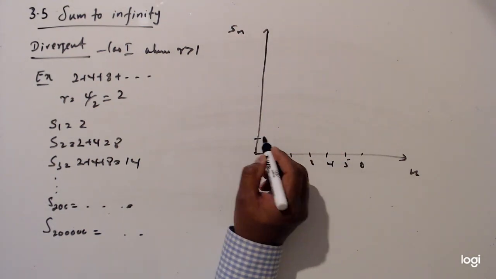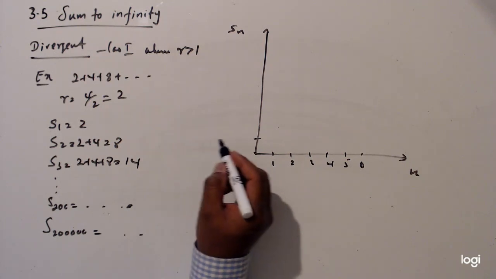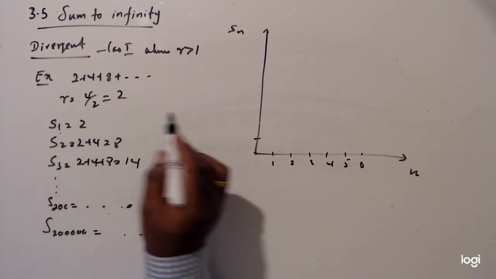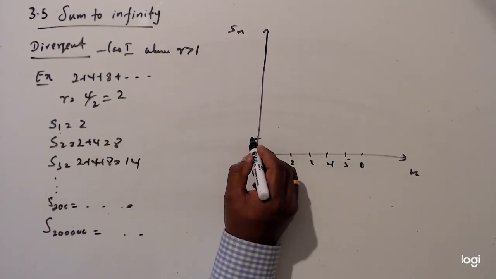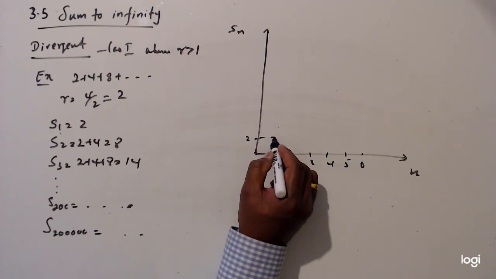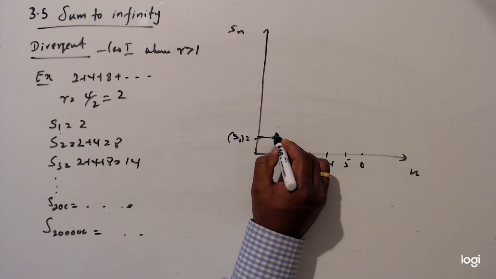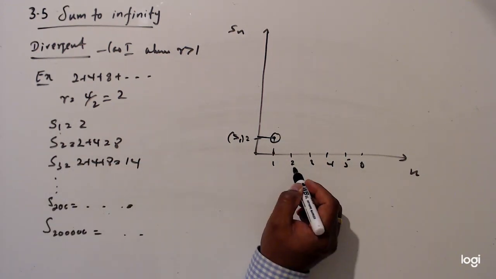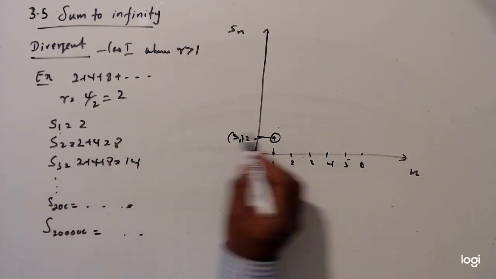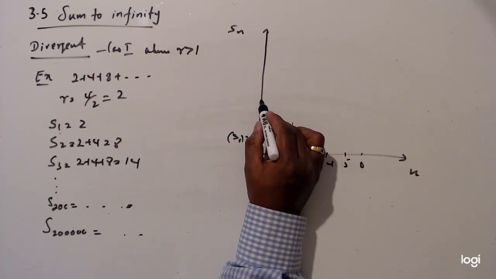When S1, the value is 2. This is S1, so this is the point. When n is 2, S2 is 8, somewhere here.